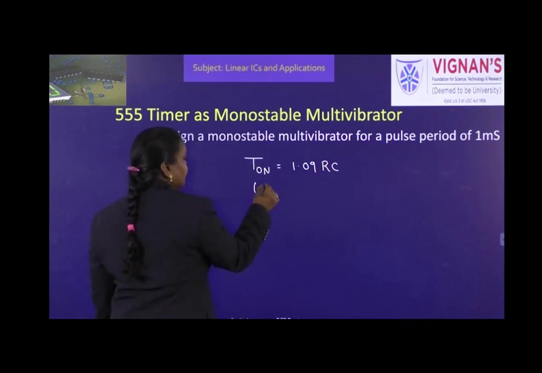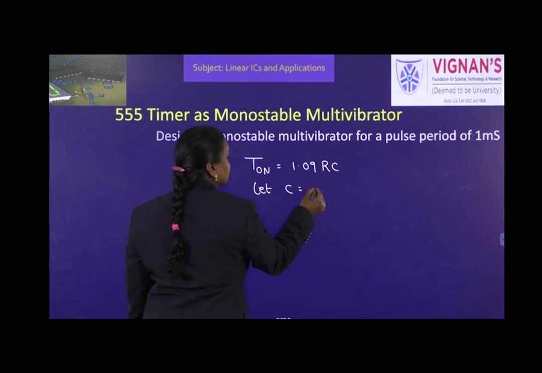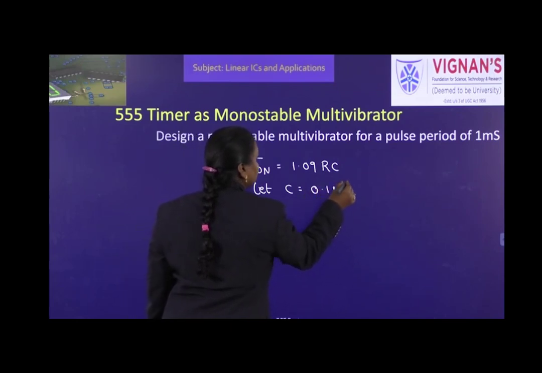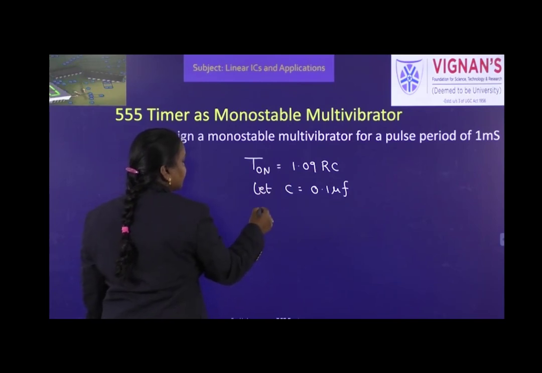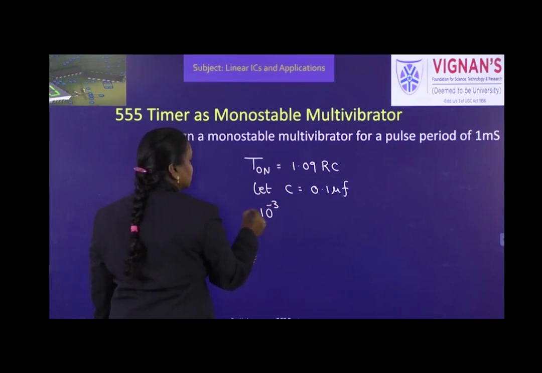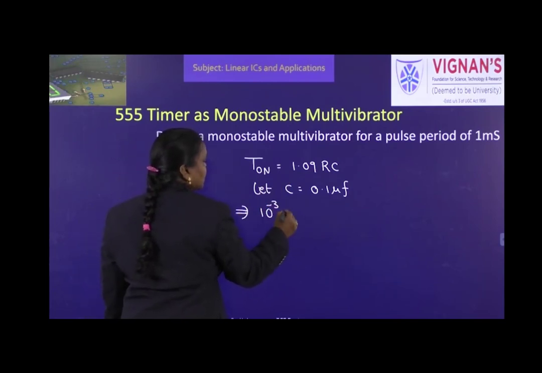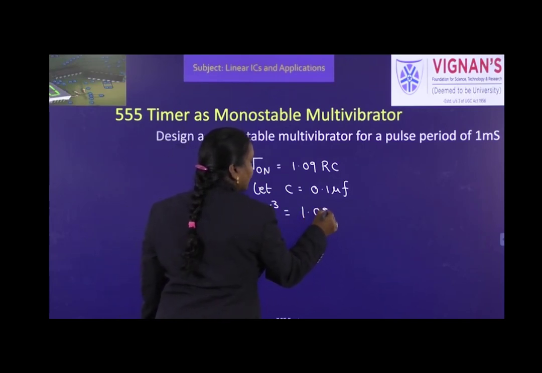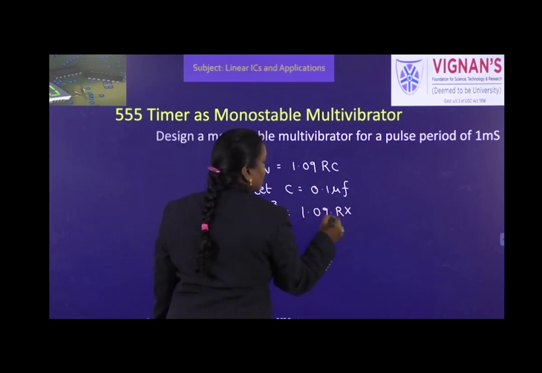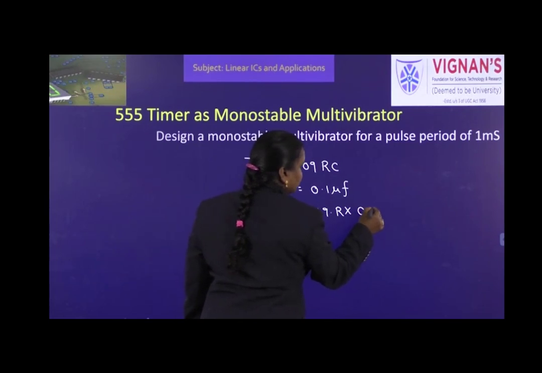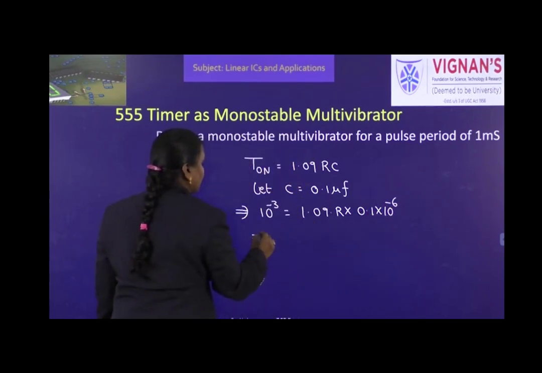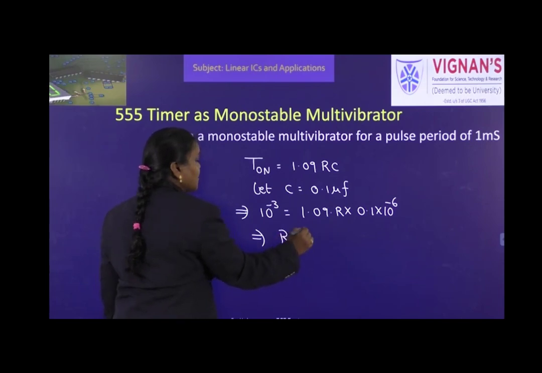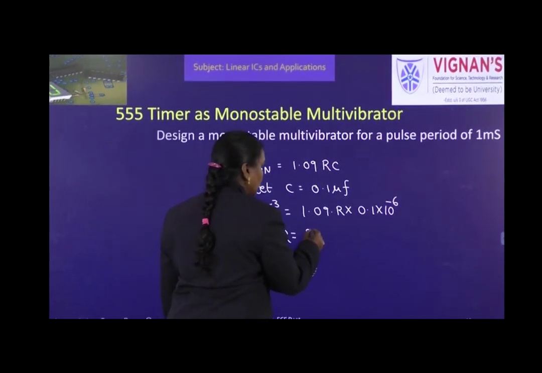Let us assume C is 0.1 microfarads and T on is given as 1 millisecond. So 10 power minus 3 is equal to 1.09 into R into 0.1 micro. From this, what will you get for R? R becomes 8.2 kilo ohms.